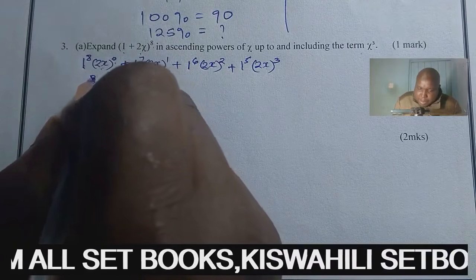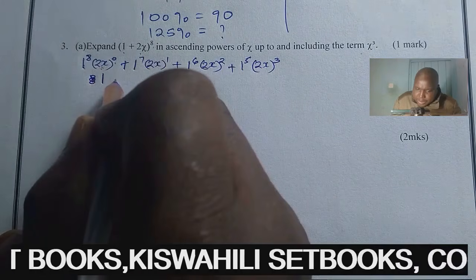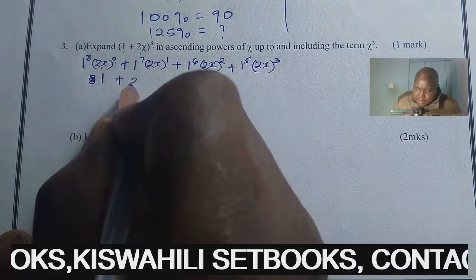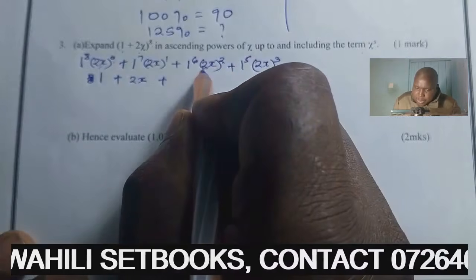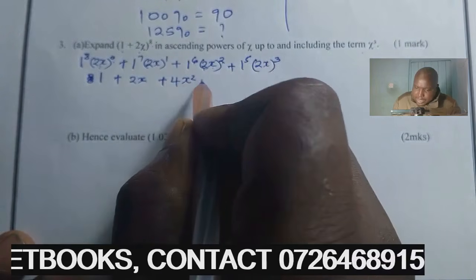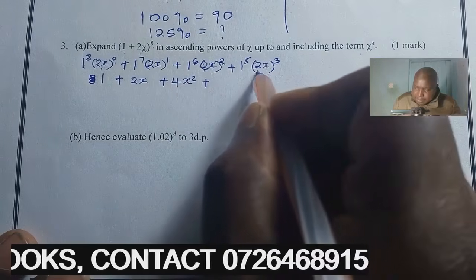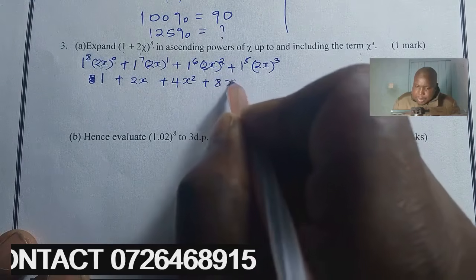This is 1. Any number raised to power 0 is 1. Plus 2x, plus this is 4x squared, plus this is 8x cubed.